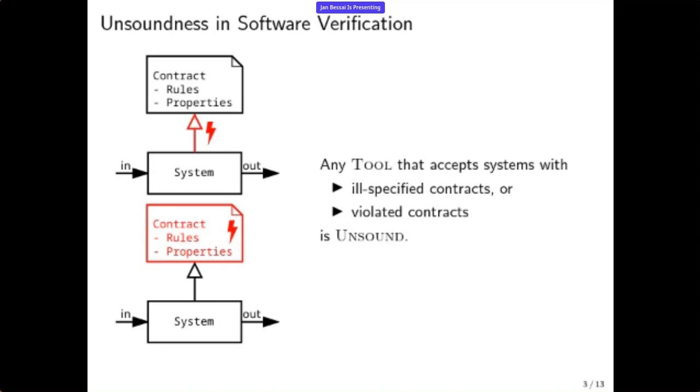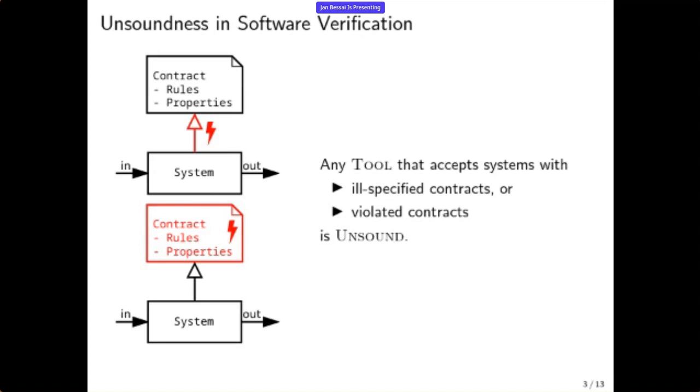So we have a kind of ill-specified contract. And for the purpose of this workshop, we will just say that any tool that either deals with ill-specified contracts and allows us to input them and accept those contracts, or that accepts systems which actually violate the contracts we specify, is unsound.